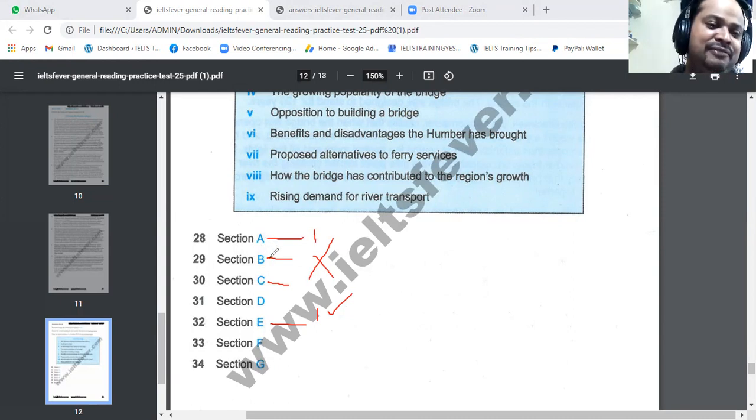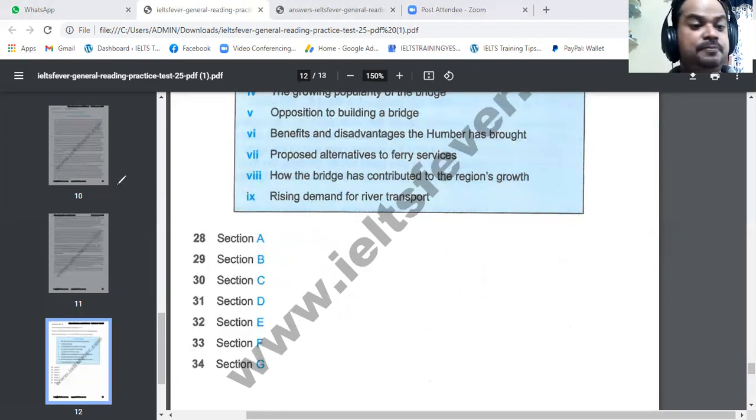In order to save time, you need to select the less lengthy paragraph first. I found that paragraphs A, B, and G are a bit lengthy. Of these, paragraph B, I think, is the lengthiest paragraph there.